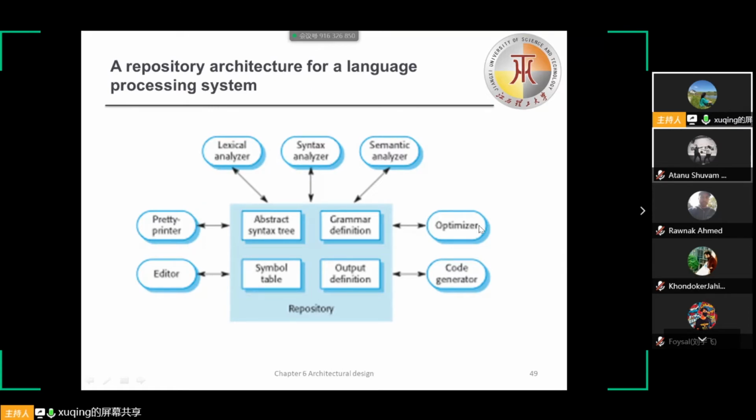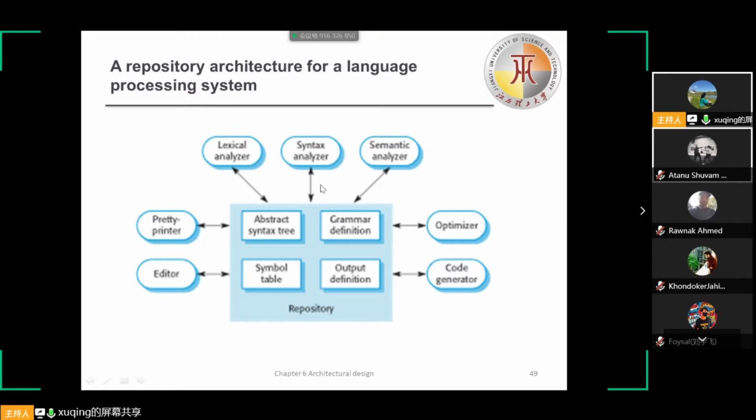Tools or tool fragments communicate through them, and other information that is sometimes embedded in tools, such as the grammar definition and the definition of the output format for the program. They have been taken out of the tools and put into the repository.